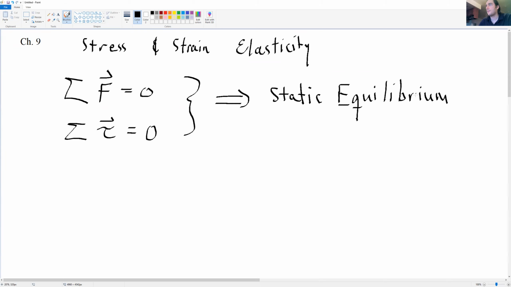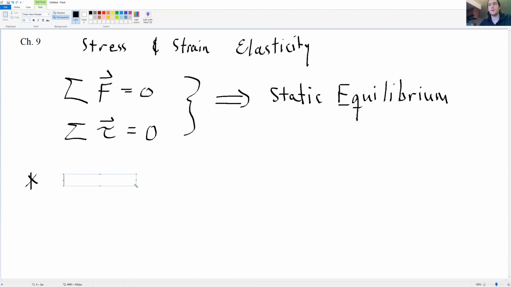The next logical question to ask is, well, if we have all these forces acting on these different objects, what if those forces are too big, so to speak, for the materials to handle?